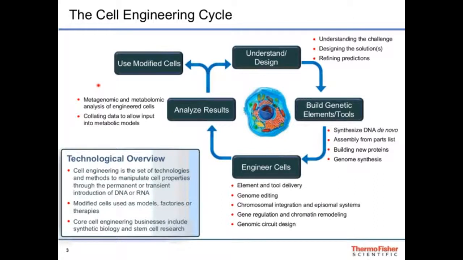So we have a lot of work going on with our bioinformatics team to try to develop tools and solutions that will allow the biologists to understand these multi-layered data sets to understand what we've done to our cell. So eventually, as we iterate around this cycle, we'll arrive at a point where we've edited or engineered the cell to what we've desired, and then we can use these modified cells for our experiments.